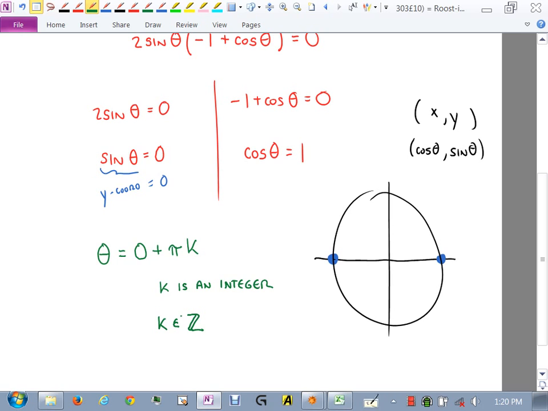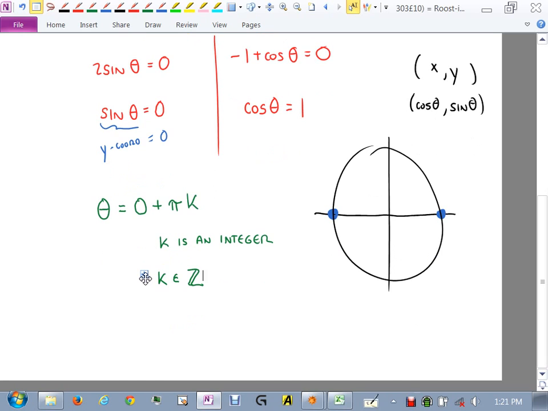Real numbers. So these mean the same thing. We need to be clear that k is what moves you around and gets you all infinite answers. Now, there's no sense in me having the 0 there, right? 0 plus pi k is still just pi k. So I could have just said theta is pi k.